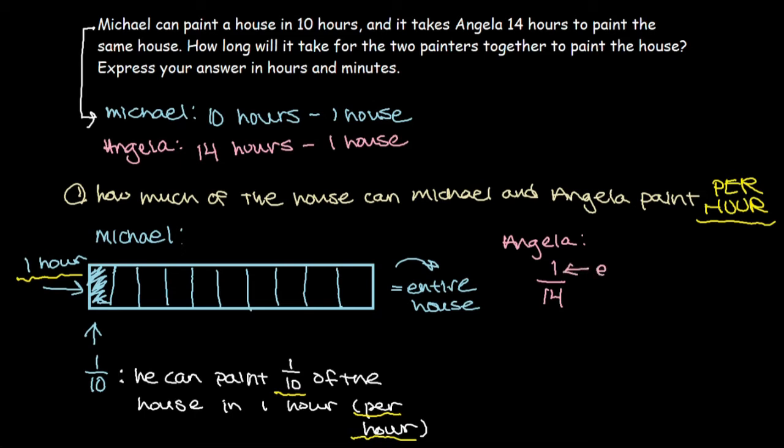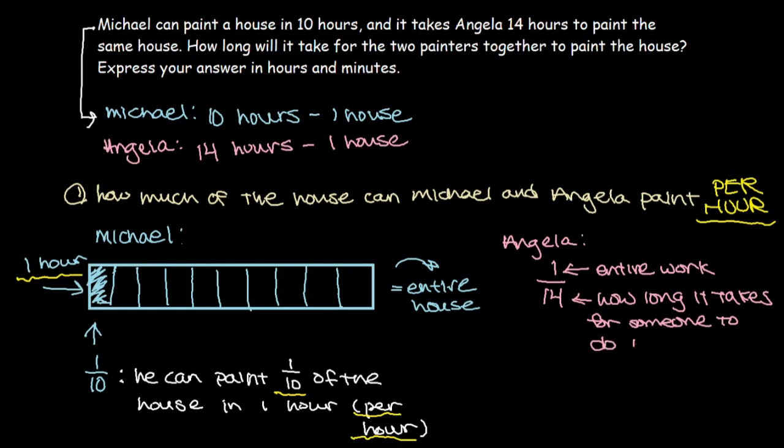The 1 represents the entire work that the person has to do, and the bottom number represents how long it takes for someone to do the entire work. So for example, if there's another person named Catherine, and she can paint the entire house in 8 hours, her work rate would be 1 over 8.